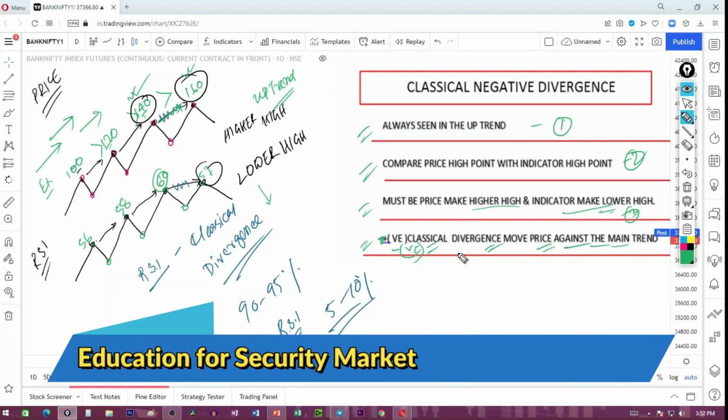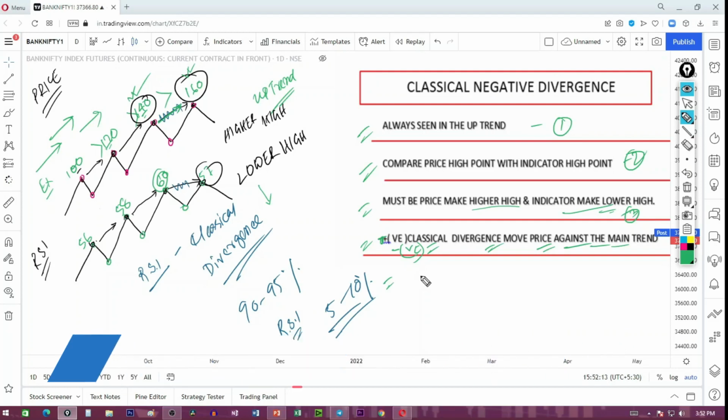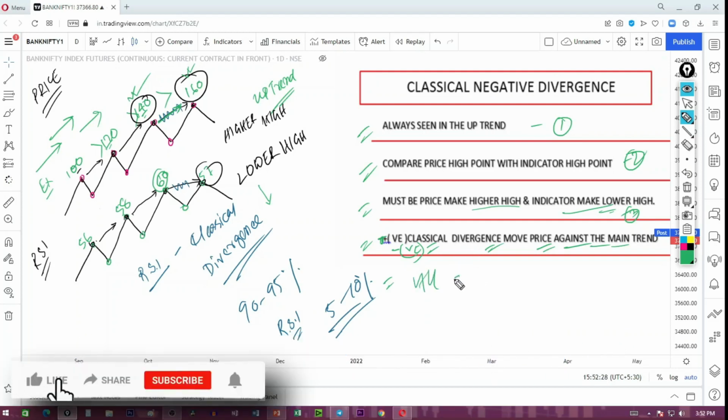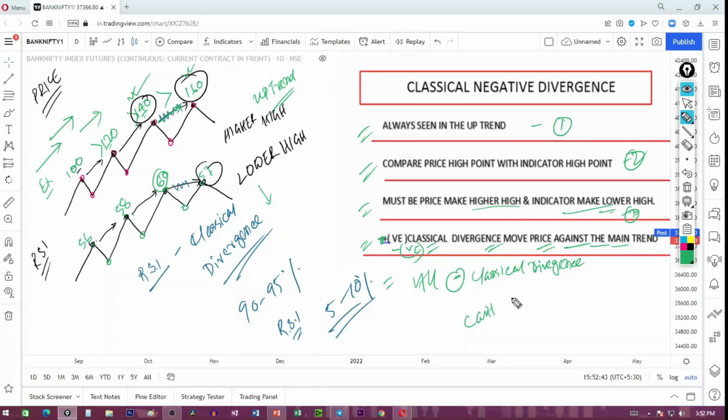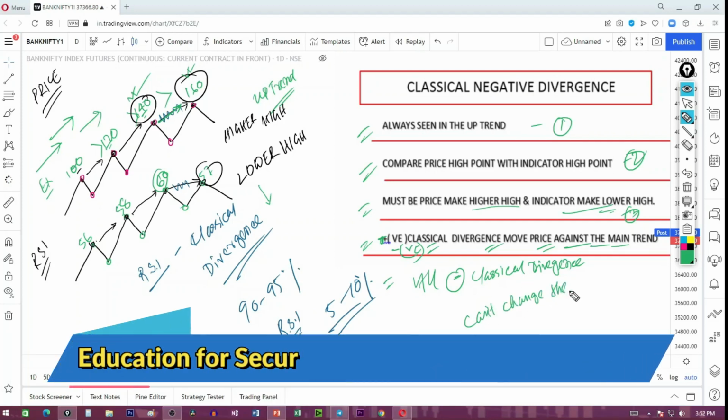This is the number 4 point. The fifth point I want to add: a negative classical divergence cannot change the main trend.